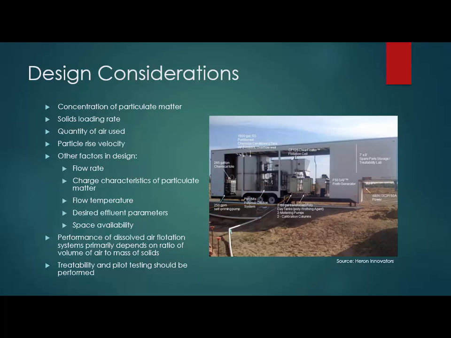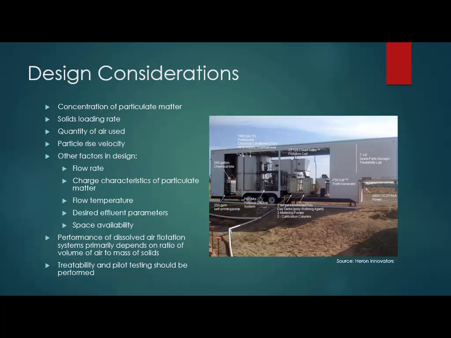We also need to understand what our effluent parameters are that we're trying to reach. In an industrial application, you don't necessarily need to get it pristine, but you need to reach certain permit requirements. So depending on what those requirements are, you can size the treatment unit to achieve that.